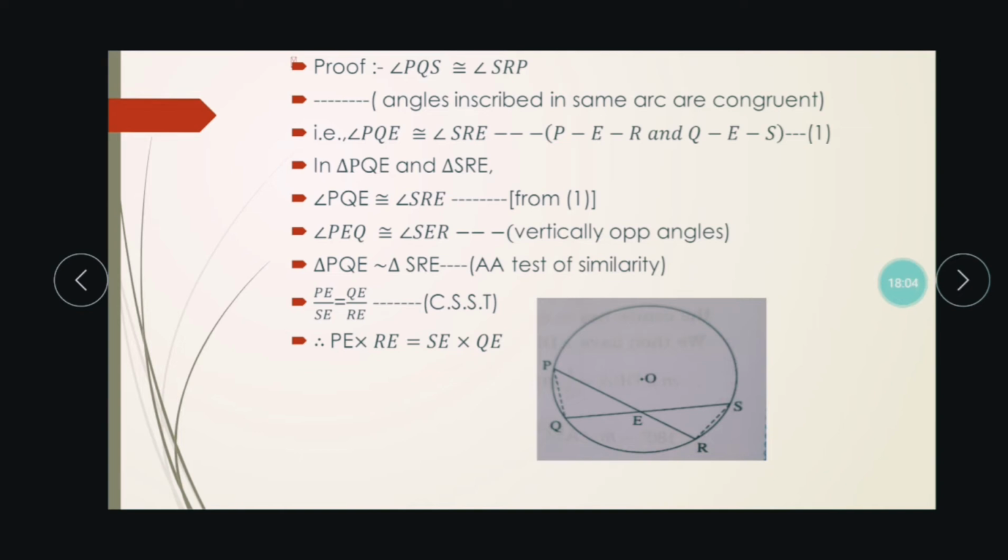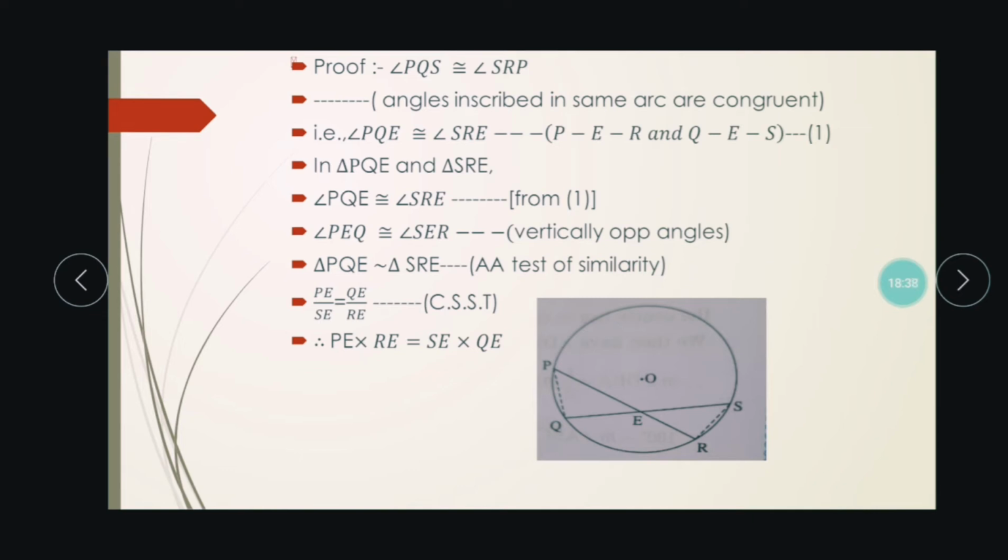Now, if we go to angle PQS and angle SRP, what do you observe? They are inscribed in the same arc, that is arc PS. So these two angles will be equal to one another by the angles inscribed in the same arc property.